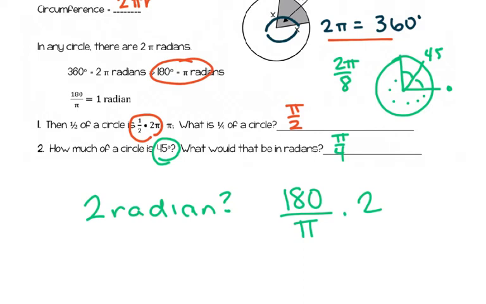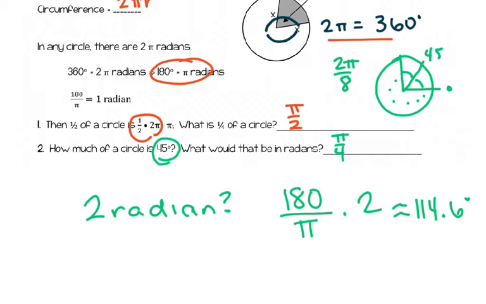And so I'm going to calculate that, and it's 360 divided by pi. You just do 360 divided by pi on your calculator, and that's going to come out to be 114.6 or so. And so in a circle, 2 radians would be about 114 degrees.